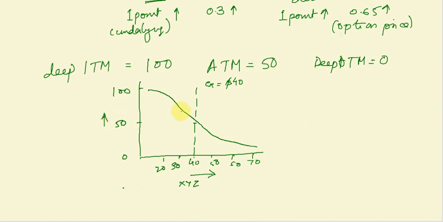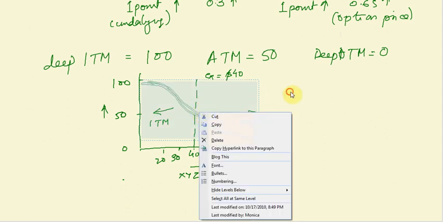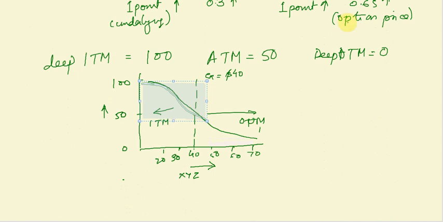What we see is that as we go deep in the money, the delta approaches 100, and as we go out of the money, the delta approaches 0, and at the money, the delta is 50.